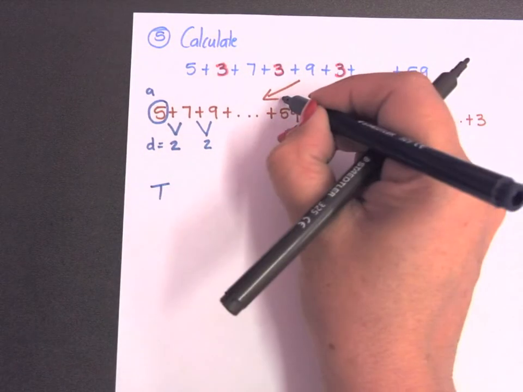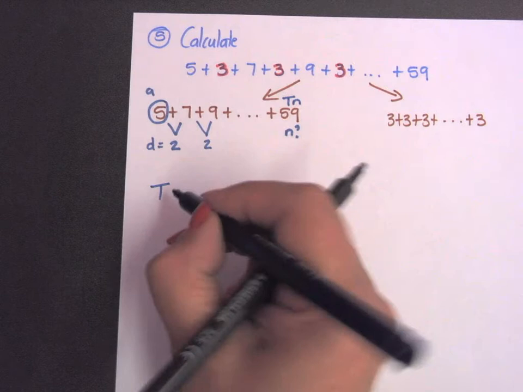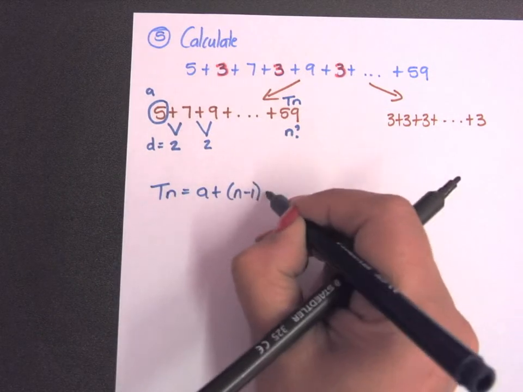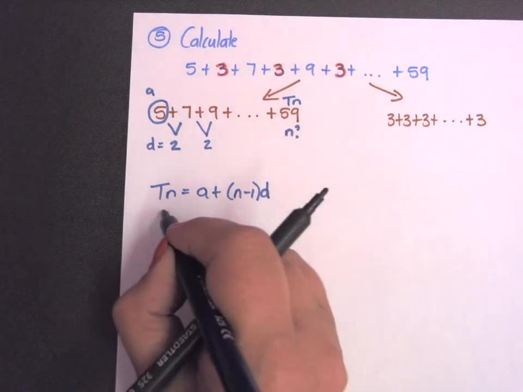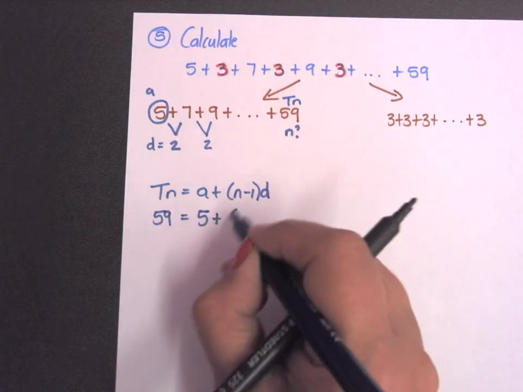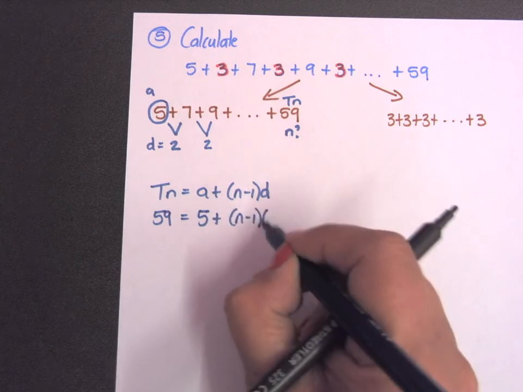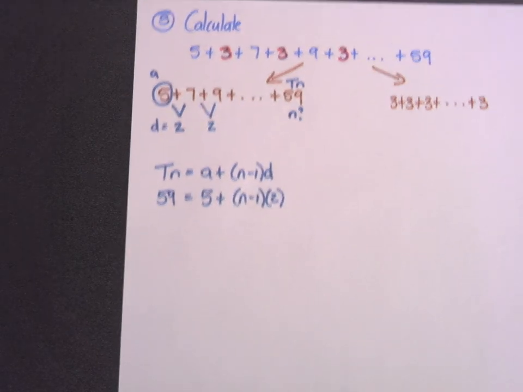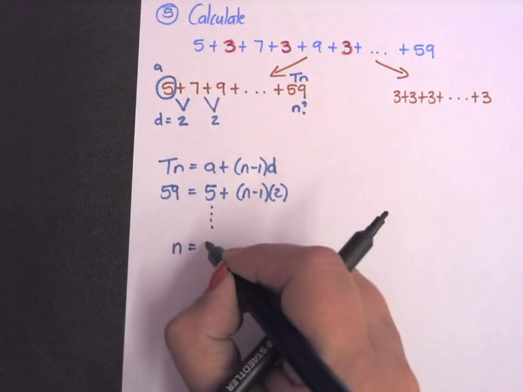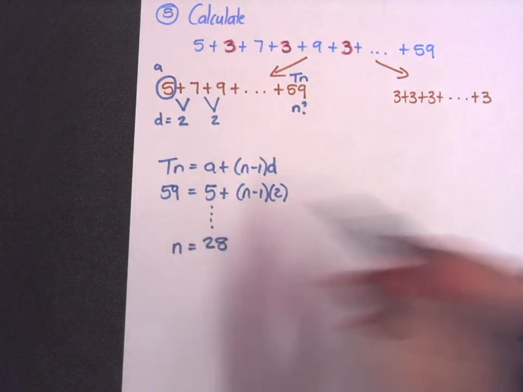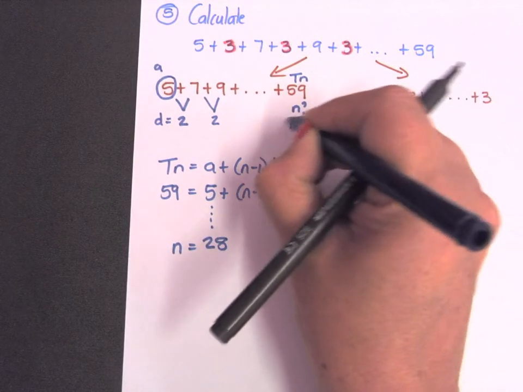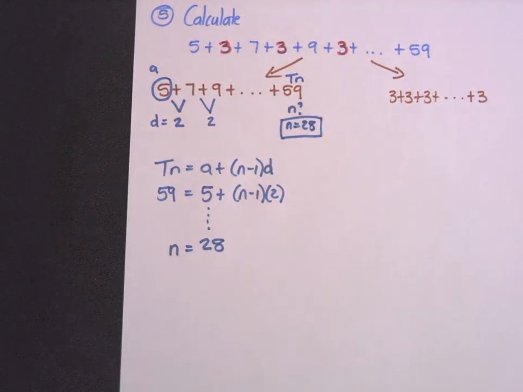We know this is term n, so Tn equals A plus n minus 1 times D. Tn has a value of 59, A is 5, n minus 1 and D is 2. If you work this out, you will get that n is 28. So I know that n is 28 in the first series.